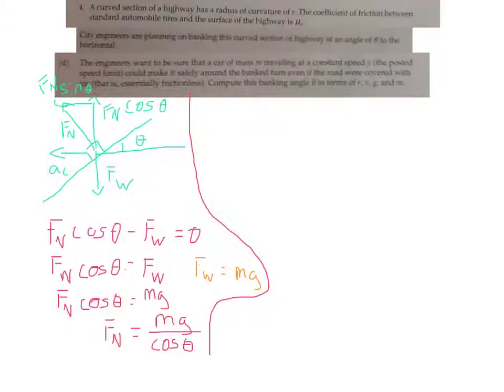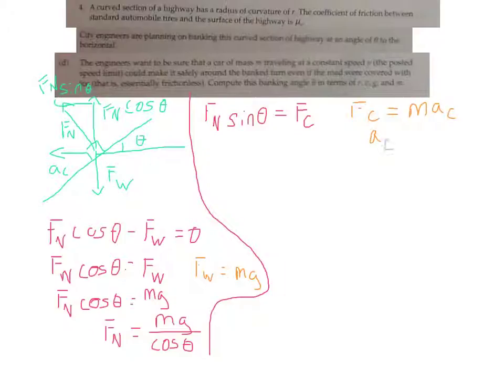Now, we know that on the horizontal end, the normal force times sine of theta, that being the horizontal component, is equal to the centripetal force. The centripetal force is equal to mass times the centripetal acceleration.